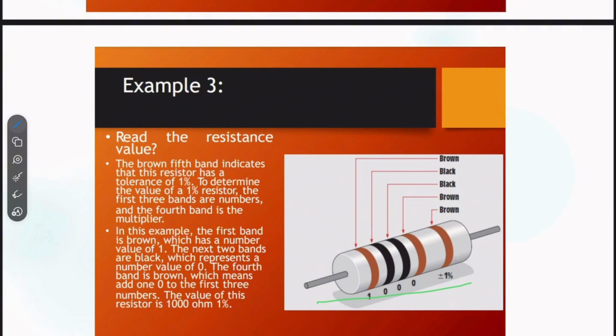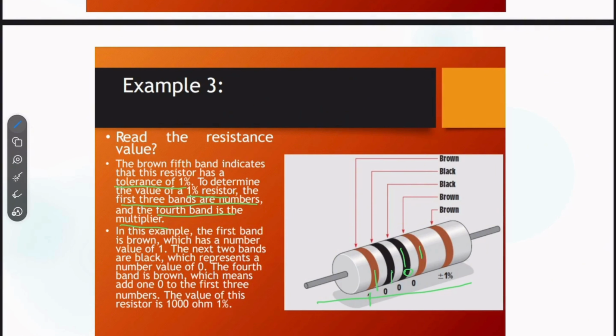The brown fifth band indicates that the resistor has a tolerance of 1%. To determine the value of this resistor, the first three bands are the numbers, and the fourth band is the multiplier. In this example, the first band is brown, which is 1, the second band is black, which is 0. The third band is also black, which is also 0.